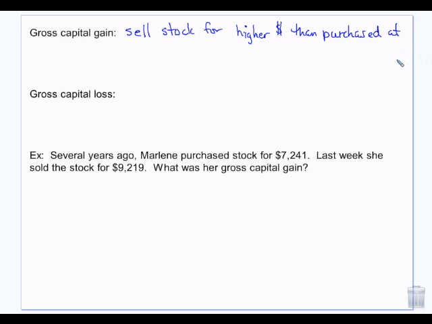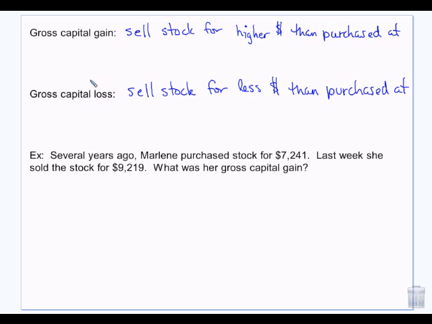But you get the idea, right? Okay, and a gross capital loss is if you sell the stock for less. Obviously, you do not want capital losses. You want capital gains. I'm sure you've heard buy low, sell high. Yeah, you want to buy low, you want to sell high.